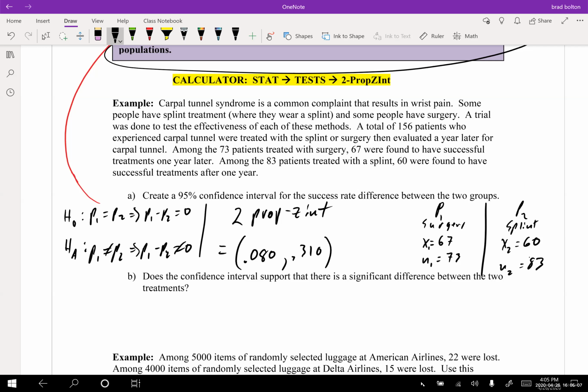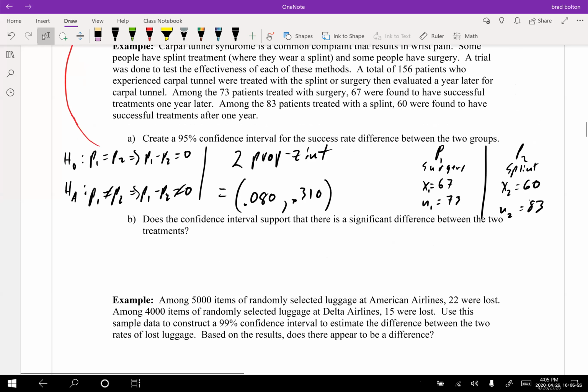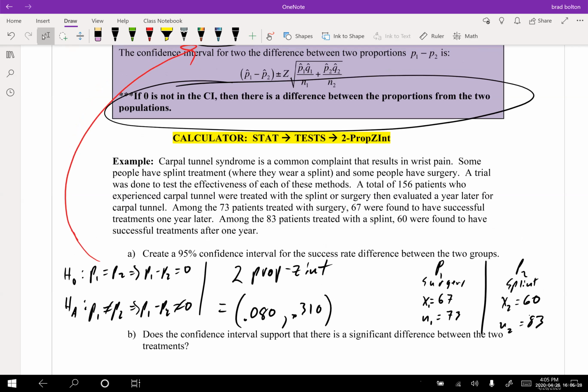So now the question becomes, look at this interval, okay? The next part says, does the confidence interval support that there is a significant difference between the 2 treatments? So is 0 in that interval? 0.08 to 0.310. Does 0 appear in that interval? The answer is no, it does not appear. So if 0 is not in the interval, then there is a difference, okay?